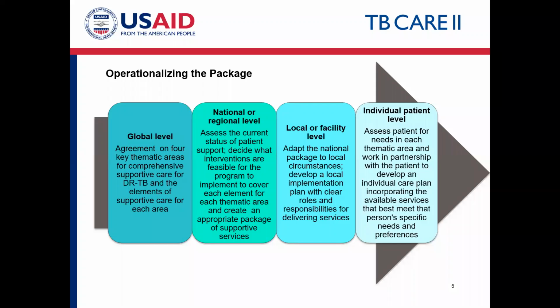So that's what we're going to talk about today: what do you do at the facility level to implement this framework, and how do you establish those clear roles and responsibilities, and what has been some of our experience, and what advice can we give you in terms of how to do this at a facility level or a local level. And then it gets down to the patient level, which is where you implement the care plan.